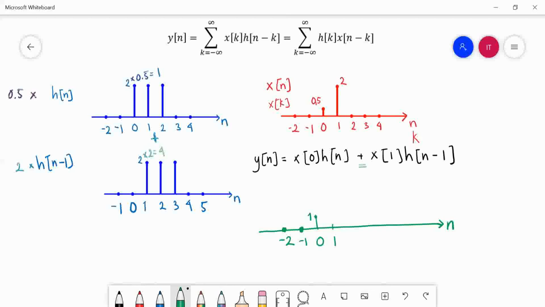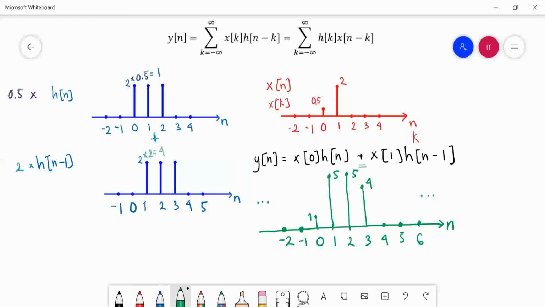If n is 1, then it is 1 plus 4. If n is 2, 1 plus 4. If n is 3, 0 plus 4. And then n is 4, 0 plus 0, and 5, 0 plus 0. We will have all 0 here.